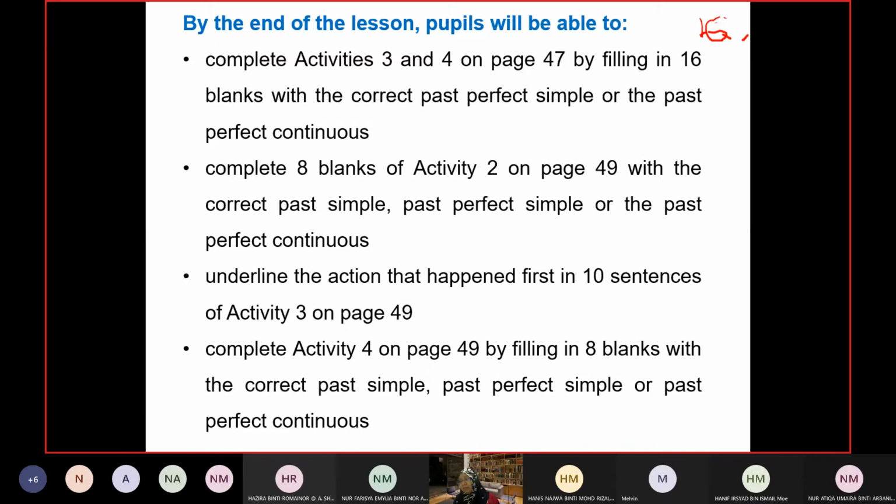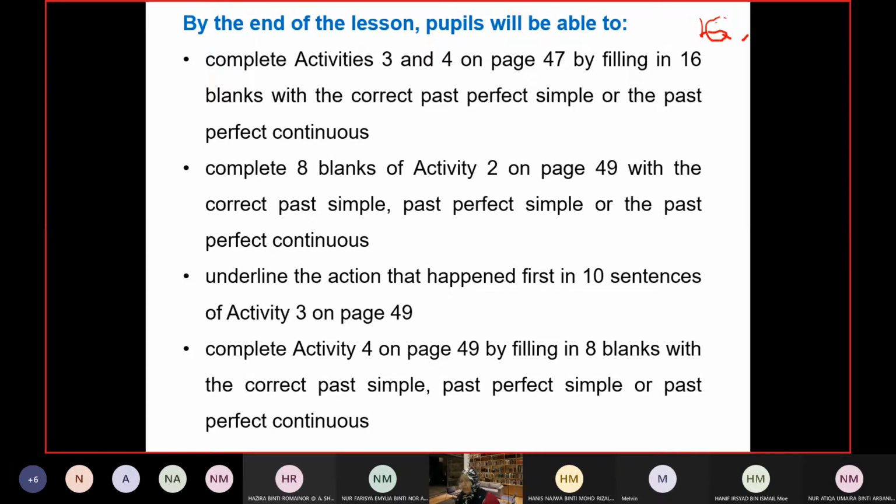Dalam kes ni dia ada duration. How long it happened. Example, Jill had been working in my dress shop for years before she decided to open her own. Maksudnya, Jill had been working tu jangka waktu yang lama sebelum dia mengambil keputusan untuk membuka kedainya sendiri.